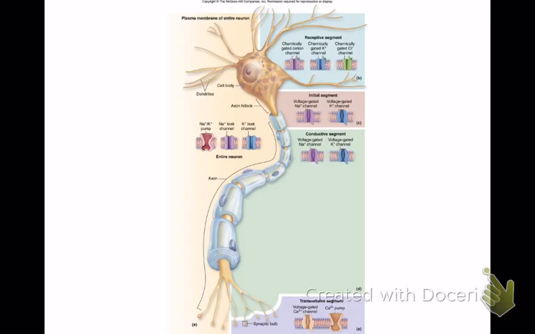So it's that separation of charge that gives you the potential. Okay, so we have three kinds of potential. What are they? Three names, three types of potentials that we've just looked at. We had local, we had action, and we had resting. Okay, so those are our three membrane potentials.